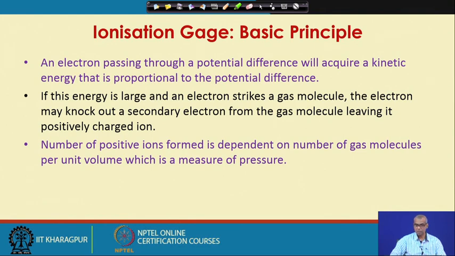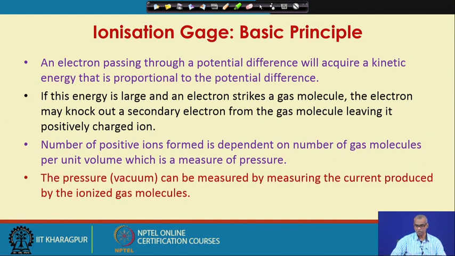But if I can keep the number of electrons passing through constant, then the number of positive ions formed will depend on the number of gas molecules present in the chamber, and the number of gas molecules per unit volume is nothing but a measure of pressure. The pressure or vacuum can be measured by measuring the current produced by the ionized gas molecules. This current will be a very small amount, so amplification will be required for the purpose of measurement.